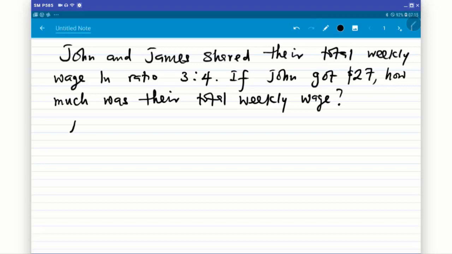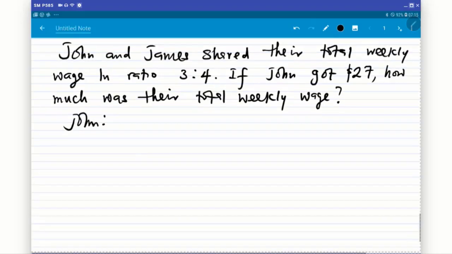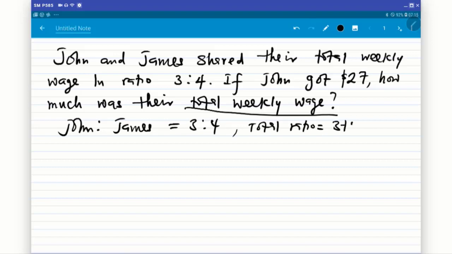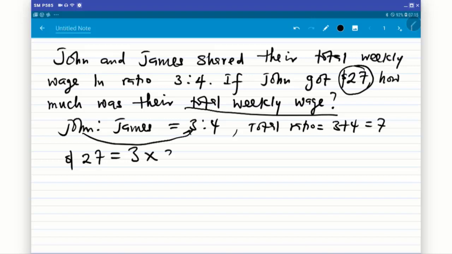So here we have John ratio James to give us 3 to 4. Now, since we're talking about total weekly wage, I will find the total ratio. Total ratio will be 3 plus 4, which will be 7. Now, John got $27, and that $27 means John's ratio times what? Times 9.